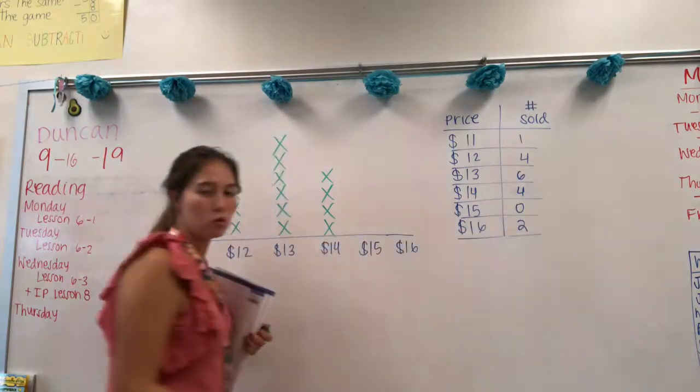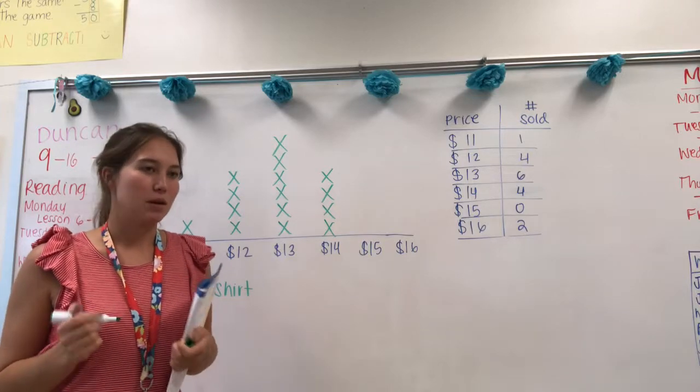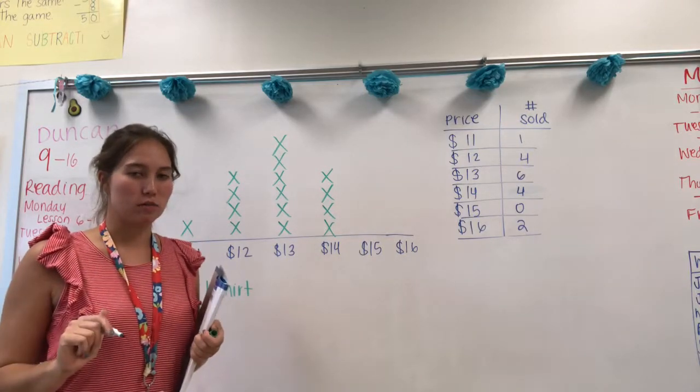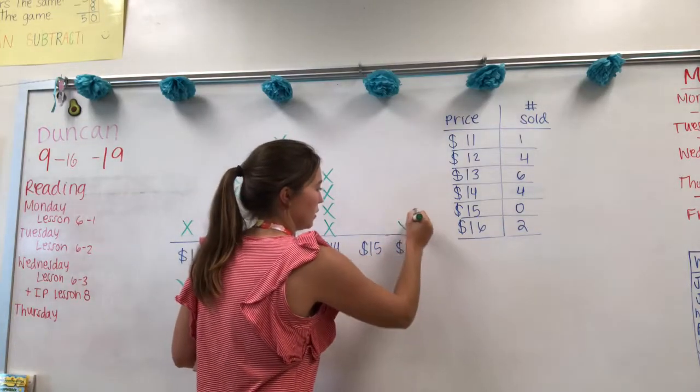No shirts were sold for $15. So I'm not going to do anything because 1 X represents 1 shirt. $16. 2 shirts were sold for $16.